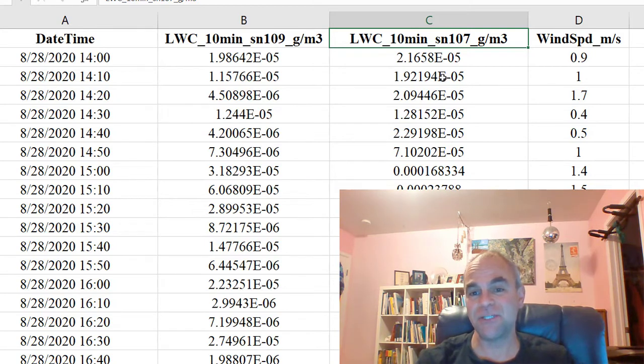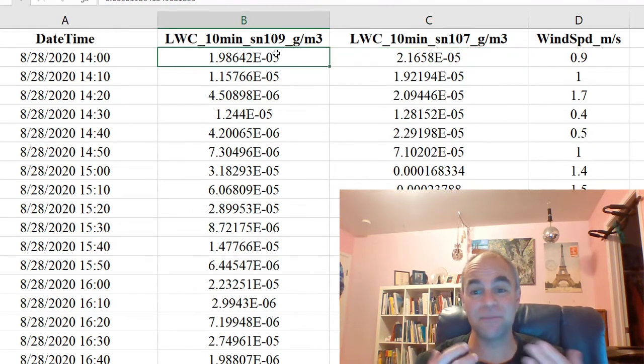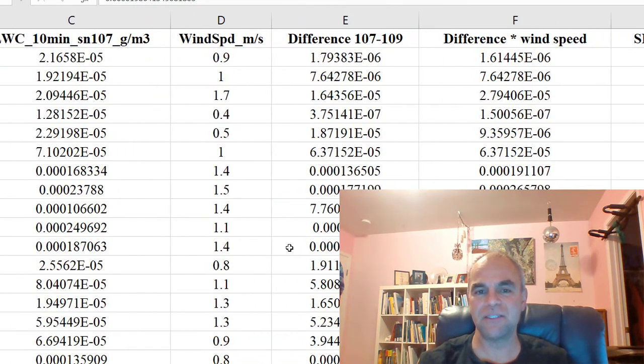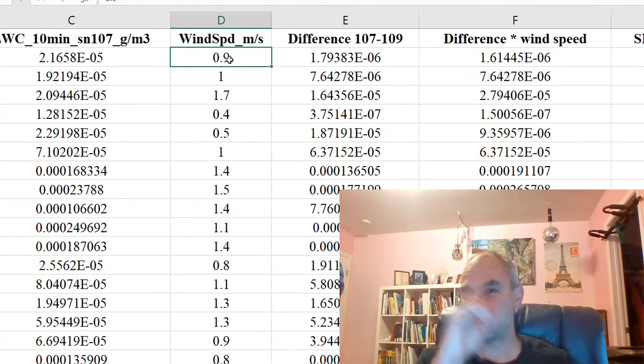So clearly this one should generally be more than that one, and it is, which gives me some confidence that what we're doing is basically at least in the right ballpark. Next column is the wind speed, which was made independently with instrumentation that was already there, an anemometer, but we need that in order to do some of the subsequent measurements.